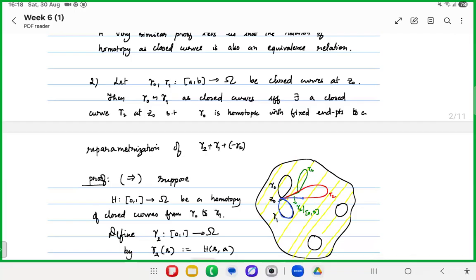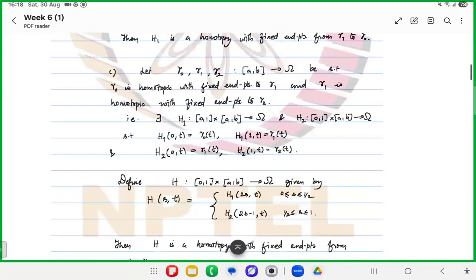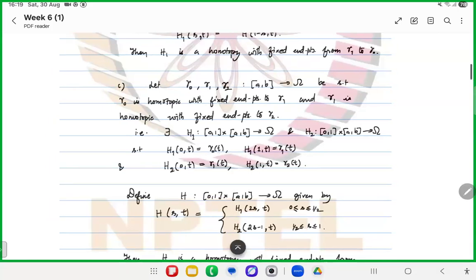So a constant type homotopy will give us this. If the speed is different for both curves but they are at the same place, we can change our homotopy, because H is a map from 0 1 cross AB to omega. Maybe in the definition we can change H depending on gamma. I am unable to write here.